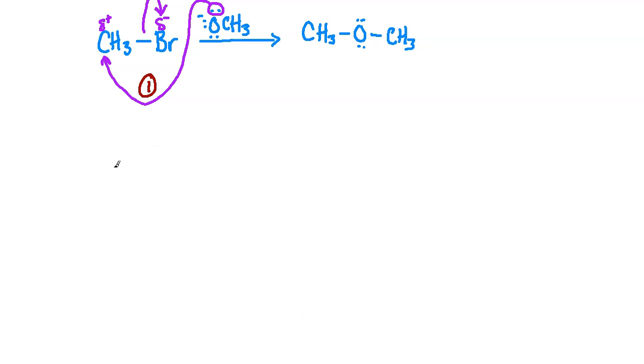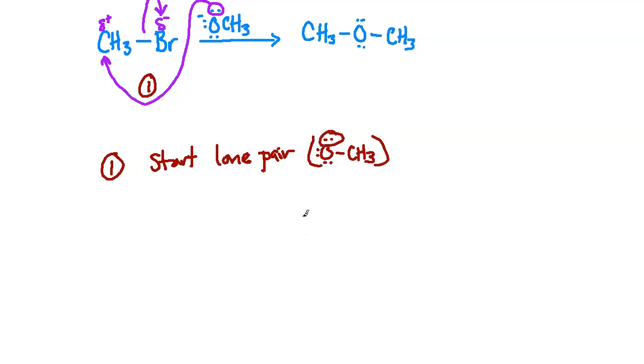Arrow 1, does it originate in a source of excess electrons? Yes, because it's going to start with a lone pair. And specifically, the lone pair that it's going to start with comes from the OCH3, the methoxide. So there's where we're starting. So we meet that requirement.